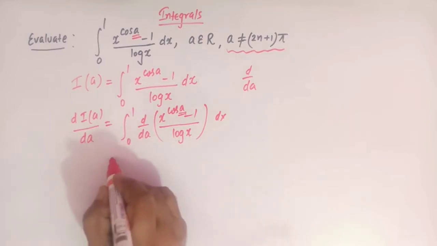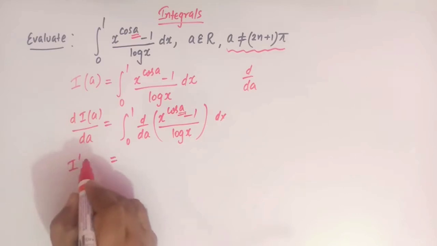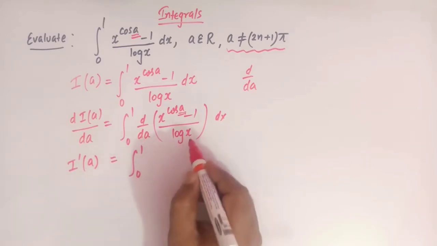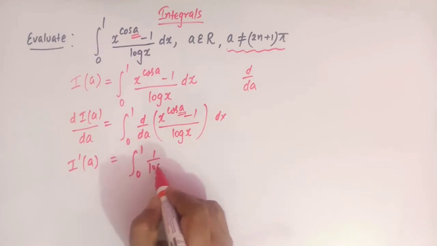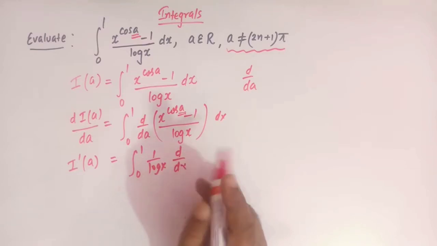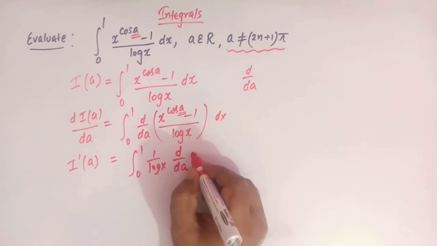So we can write this expression as I prime of a, and now we can write 0 to 1, and we can take 1 over log x outside the integral, and we have the derivative of this function with respect to a.